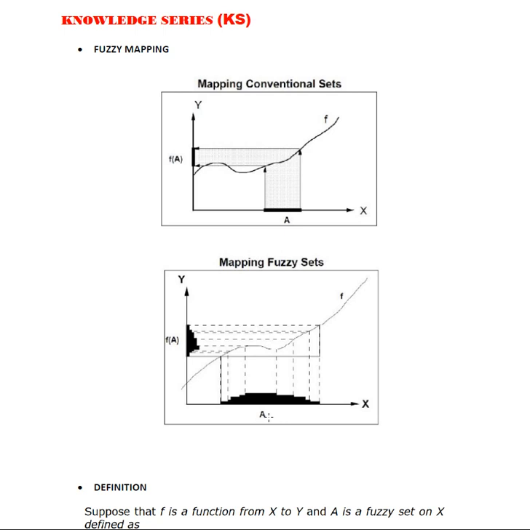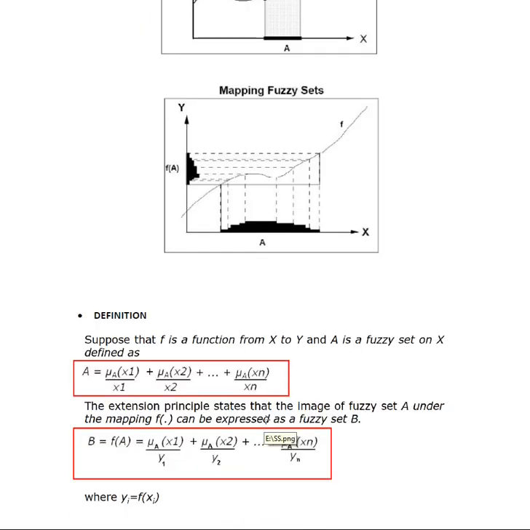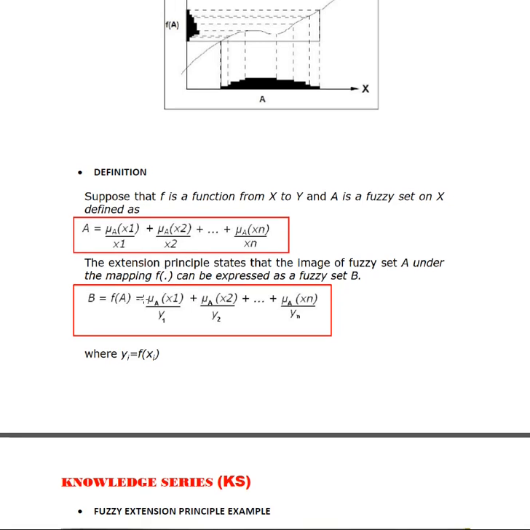Now, coming to the extension principle further, the definition states in this way. As we have seen in the earlier figure discussion, a function f is the mapping between x and y. So that is how this x and y are mapped.